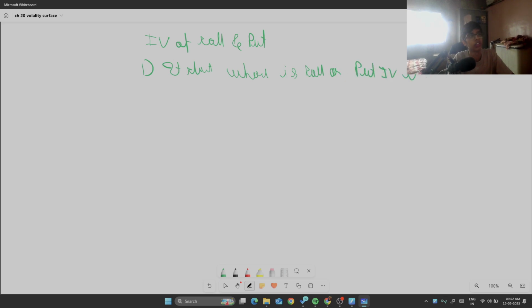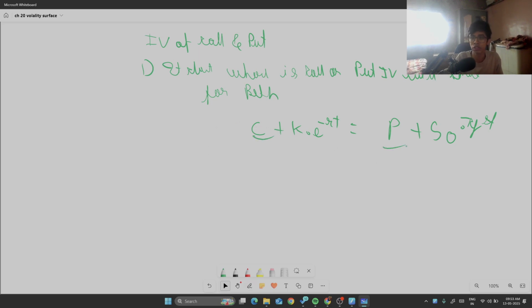Implied volatility will be the same for both, and this is because of the non-arbitrage condition and put-call parity, where call equals put plus S0 e^(-qT) minus K e^(-rT), with q the dividend yield. This is because of put-call parity, where the call price and put price remain consistent.